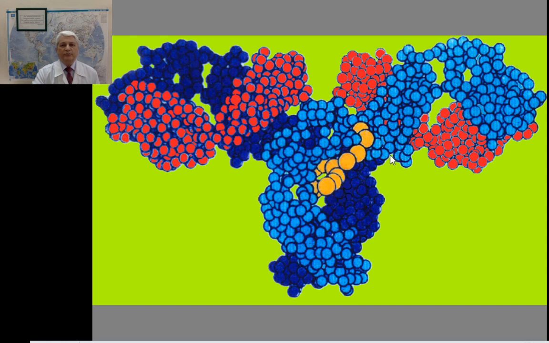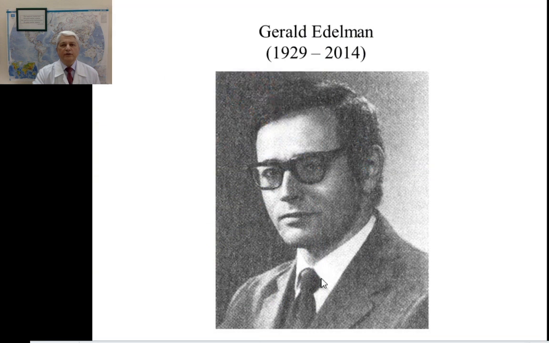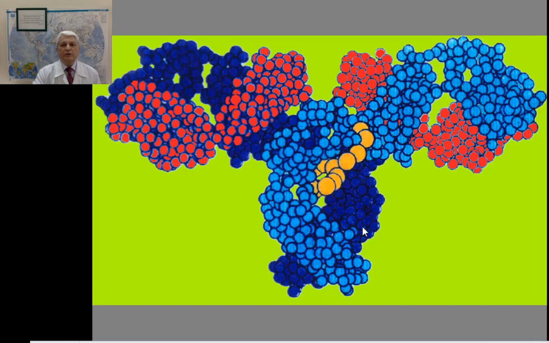Before I change the picture, I want to show you these orange balls that show the carbohydrate component of immunoglobulin. The conclusion is that immunoglobulin is a complex protein, because it has not only amino acids but also a carbohydrate component, which is situated between the 2 heavy chains.